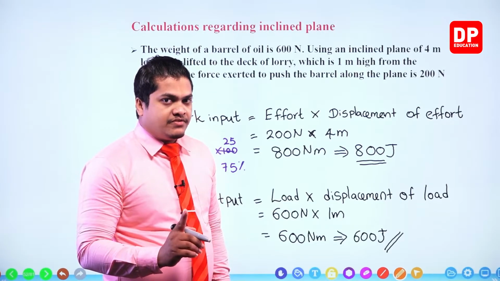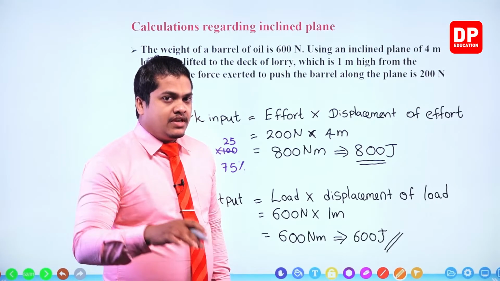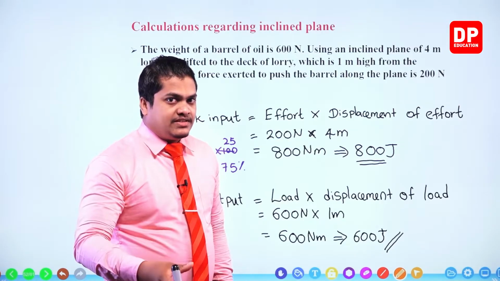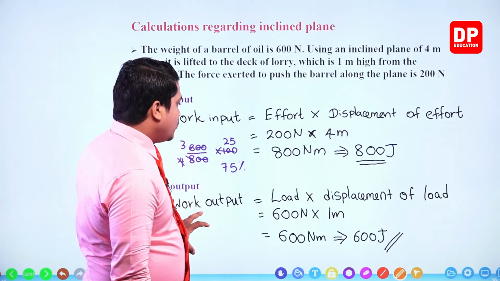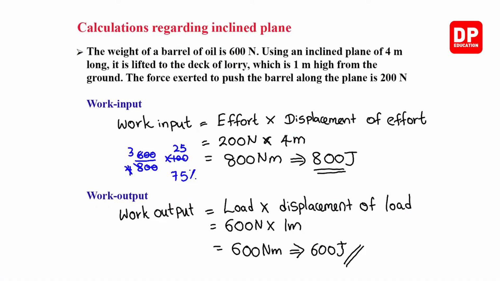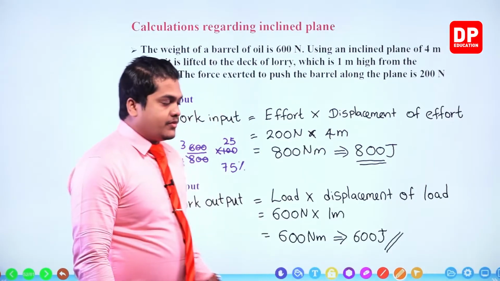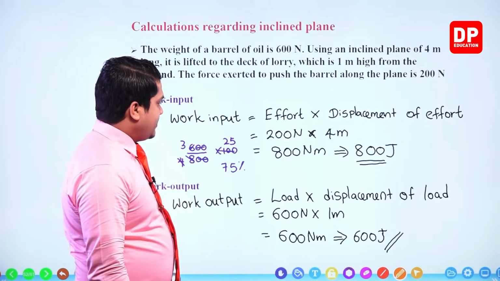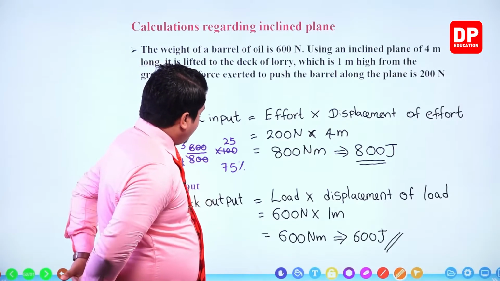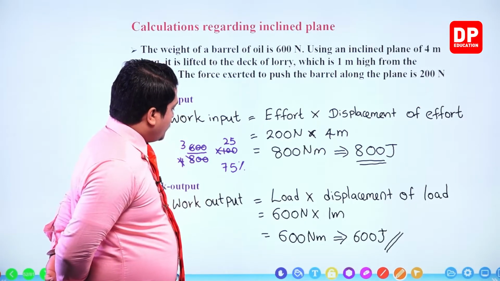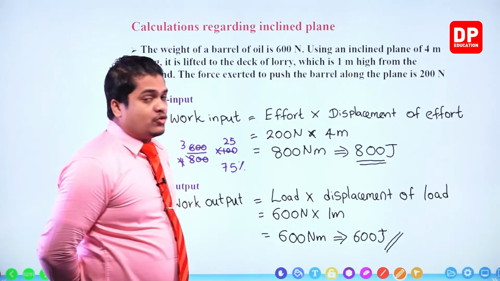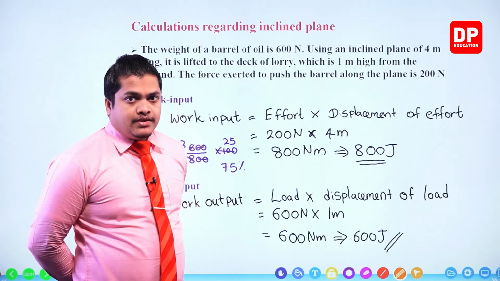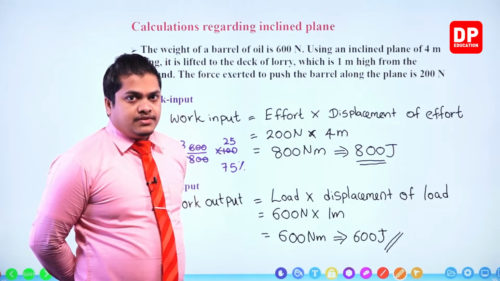This is the one which I have told you. Can you remember? Efficiency is always equal to work output divided by work input multiplied by 100. The same thing can be observed when you take the ratio between the work output and the work input and multiply it by 100.